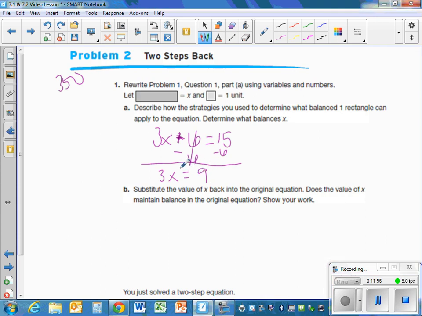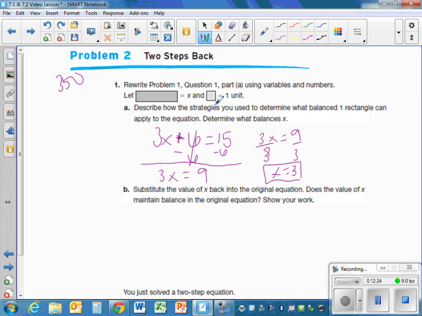And then we also had to divide the last boxes into the rectangles. So we're going to divide both sides by the 3 rectangles that were left. If we had 3x equals 9, we divide both sides by 3, and we're left with x equals 3. And again, x represents the rectangle, so each rectangle is worth 3 little squares.